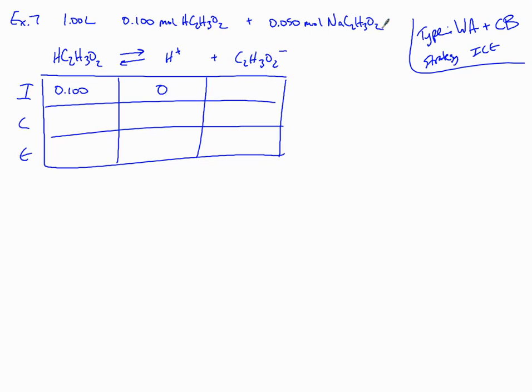Sodium acetate is going to dissolve 100%. Whenever you see an acid with its salt, you can assume that the salt is going to dissolve 100%. 0.050 moles. Same thing, as the acid dissolves, it is going down by a certain concentration. Hydrogen is going up, acetate is going up.